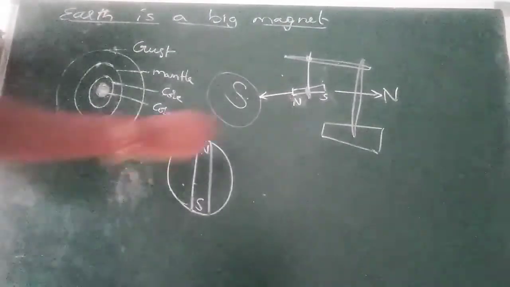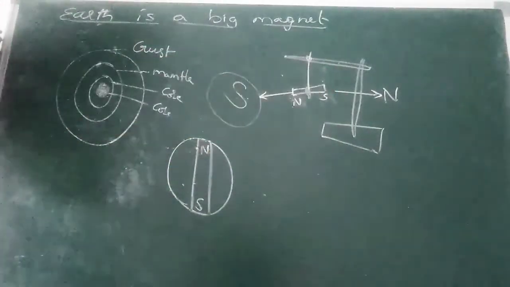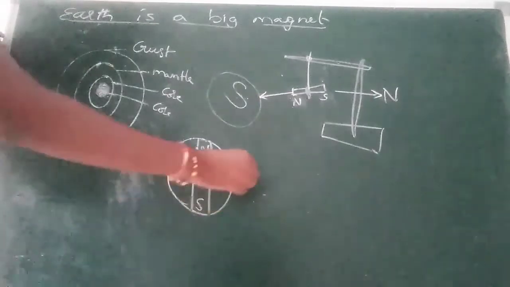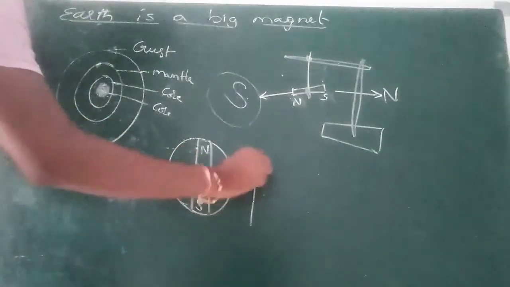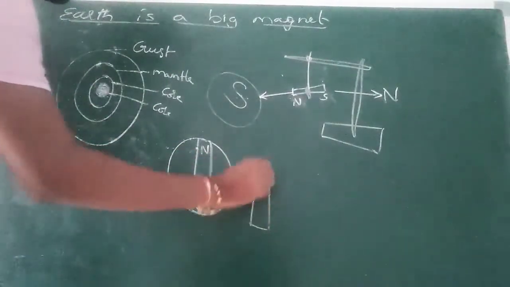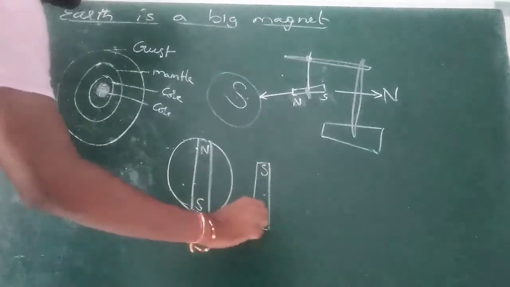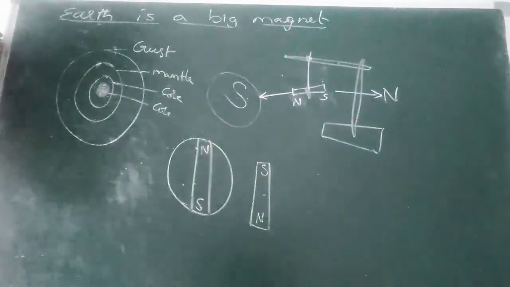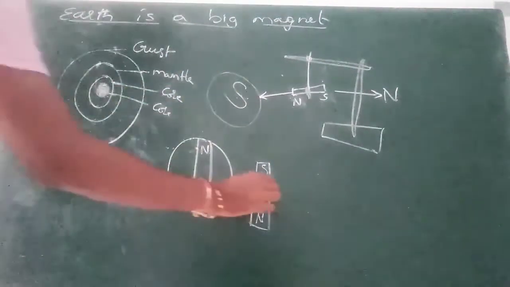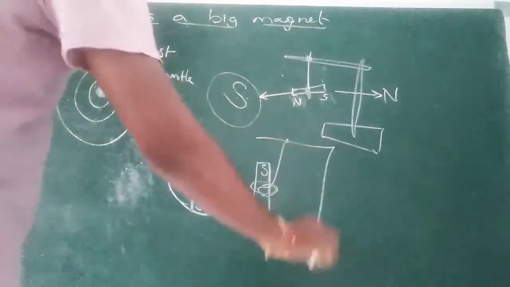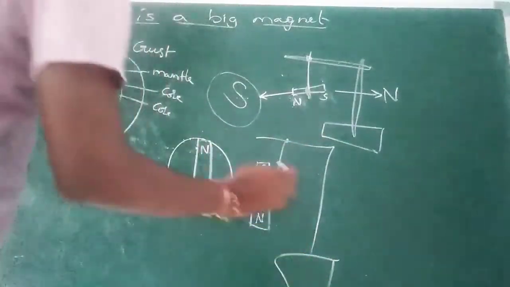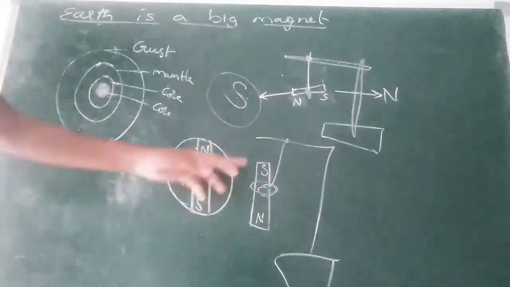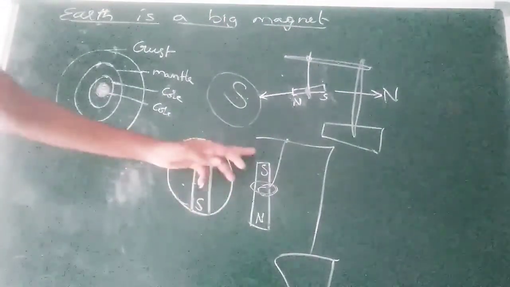When we suspend a free bar magnet, it always comes to rest in the south and north directions. Whenever you suspend this bar magnet, it always shows the directions of north and south. Why?